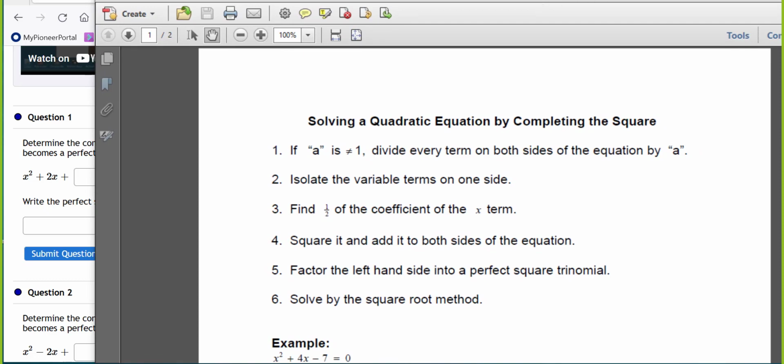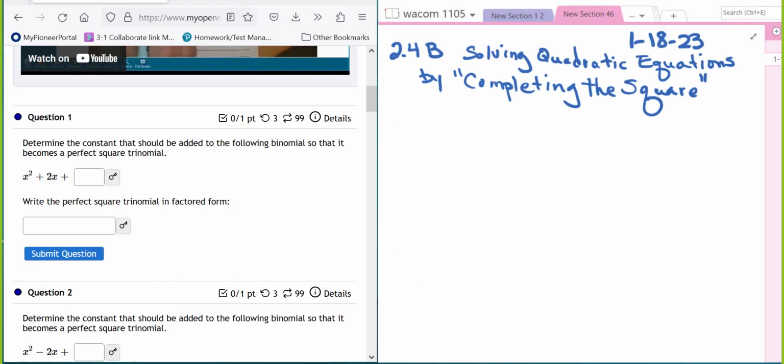So let's see if I can get to the edge of this and turn it off. So that is under content and handouts. I think I have a couple in there. All right, and so I started us off with problem 4. The first couple just have you choose the number. We're going to go ahead and do one that will go farther than that.